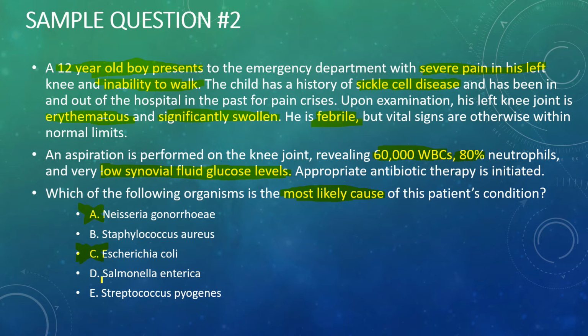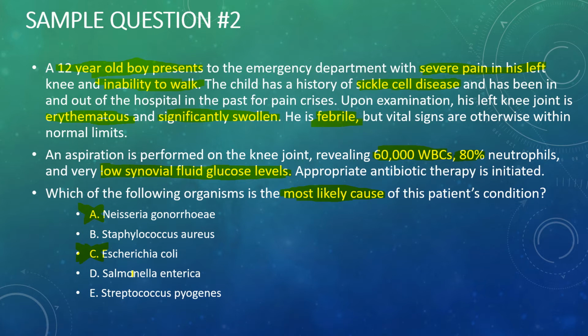Now we're between B, D, and E. So what is the most common overall cause of septic arthritis in kids and adults? Right, Staphylococcus aureus. But what about in sickle cell disease? Is Salmonella the most common cause? No. Only in sickle cell disease, Salmonella is the most common cause of osteomyelitis.